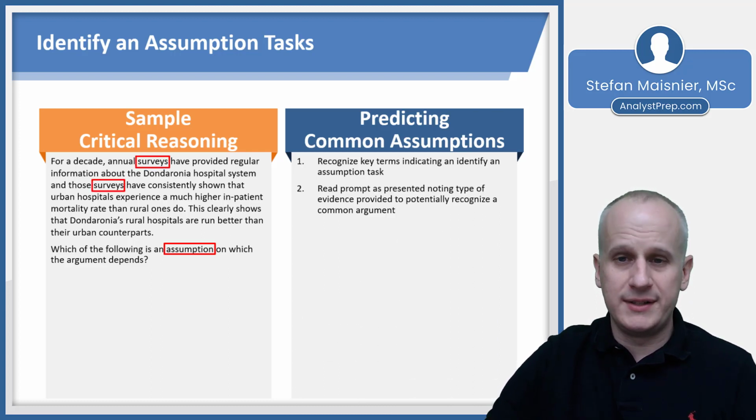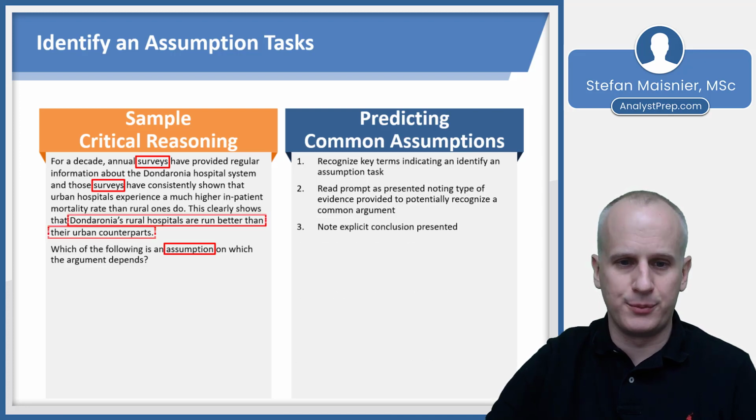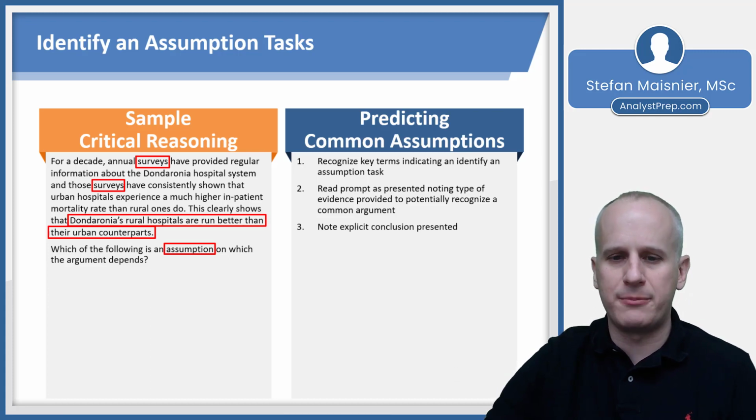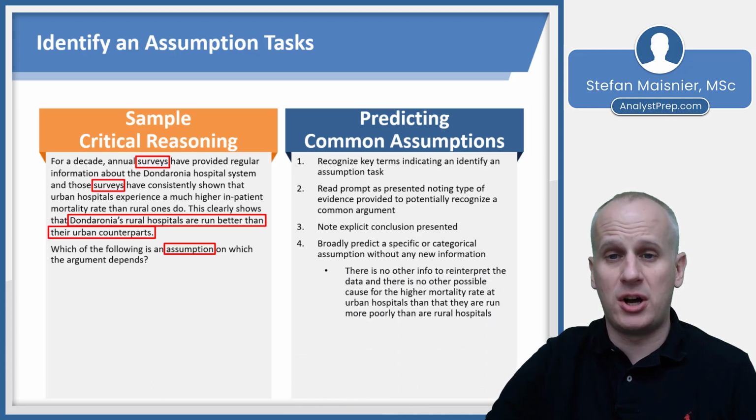So, what is the evidence? It's some surveys. So that means that we are looking at a representative sample, that from the information of the surveys, we're making this conclusion. Of course, we'll note the explicit conclusion, which is that Donderonia's rural hospitals are run better than their urban counterparts. And we'll predict our categorical assumption based on the way a representative sample argument works.